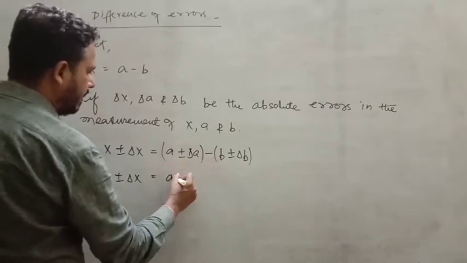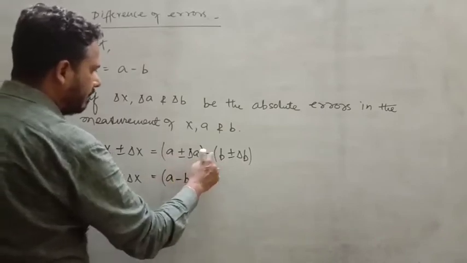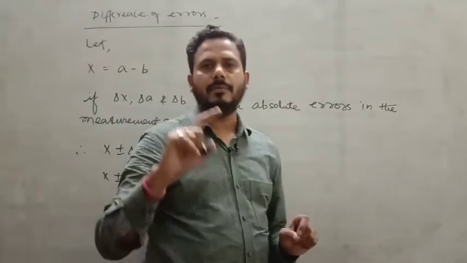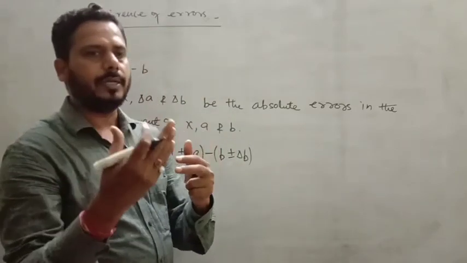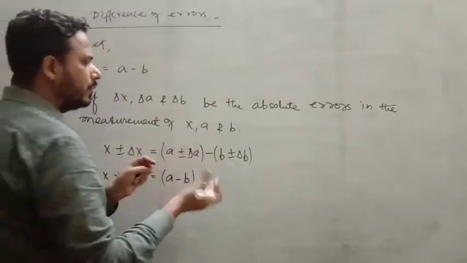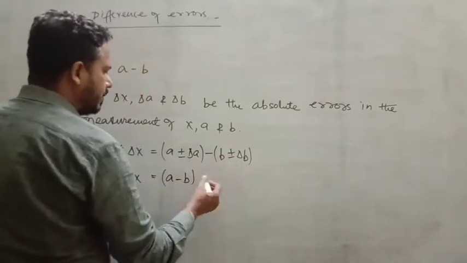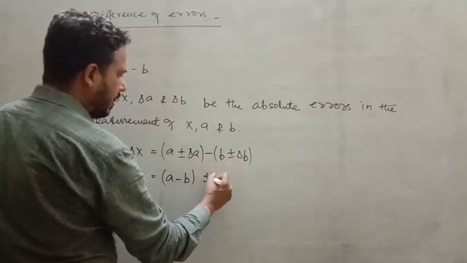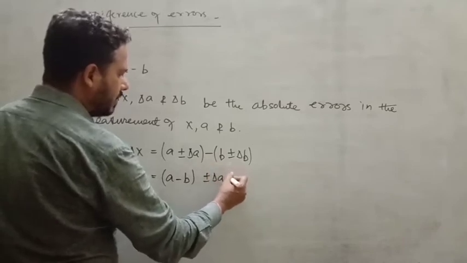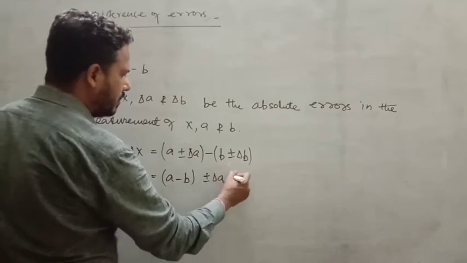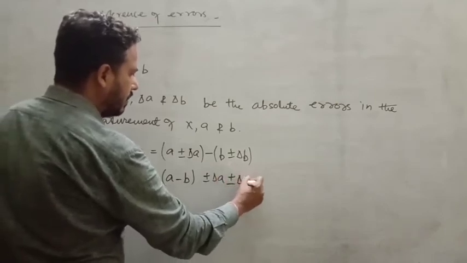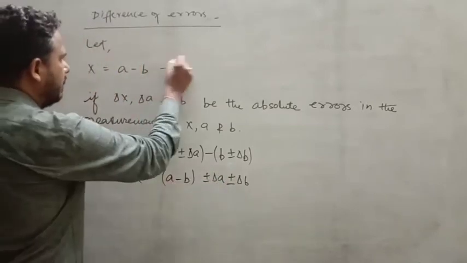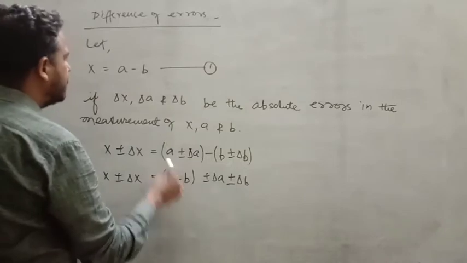Whenever it multiplies here, plus becomes minus and minus becomes plus, so there is no effect on the resultant. Here you can write either minus plus or plus minus, so directly you can write plus minus delta b. And now from equation 1 you can see that a minus b is equal to x.